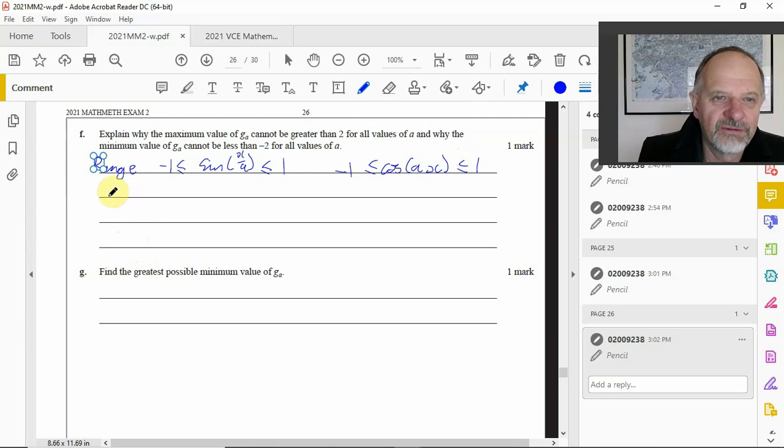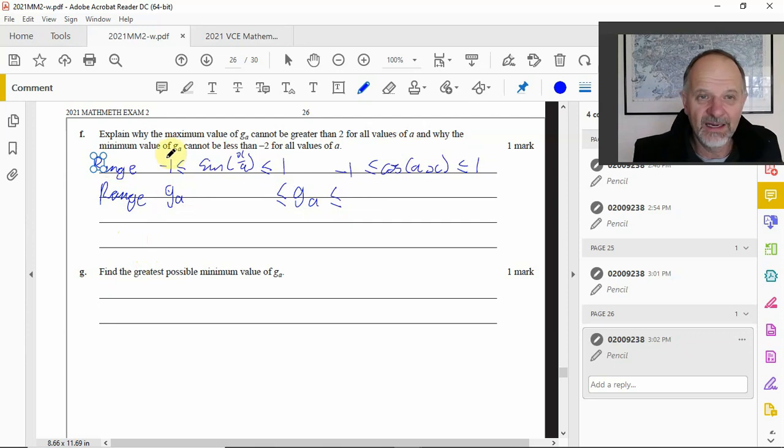So our range of GA then must be between, because GA is the combination, that plus that, we can't get anything smaller than adding together the -1s, so -2, or bigger than adding those two.